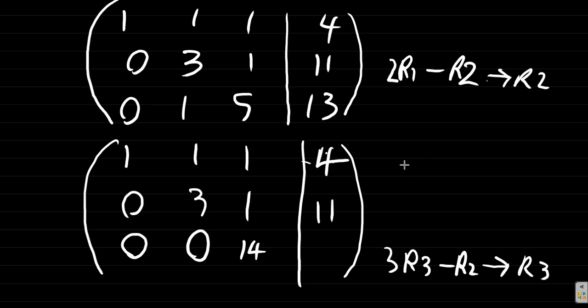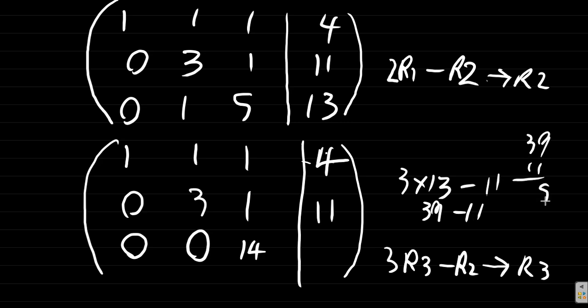Then 3 times row 3, you have 13. So 3 times 13 minus row 2, minus 11. It's 11 here. So 3 3s are 9, 3 1s are 3, 39 minus 11 is what? 39 minus 11 is going to be 28. 28 would come here.